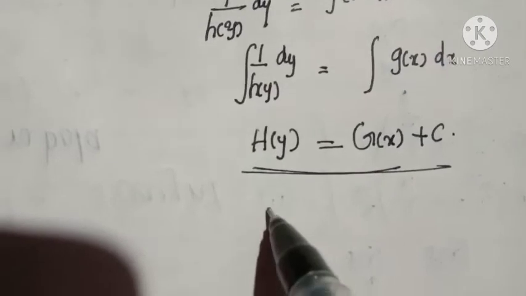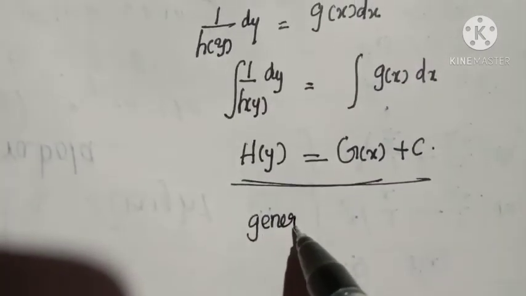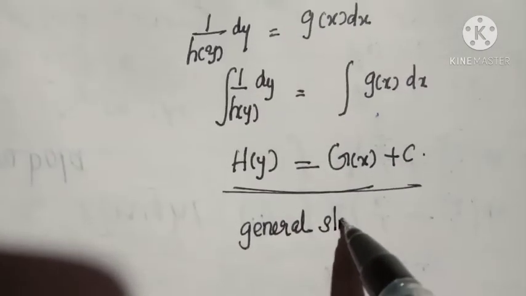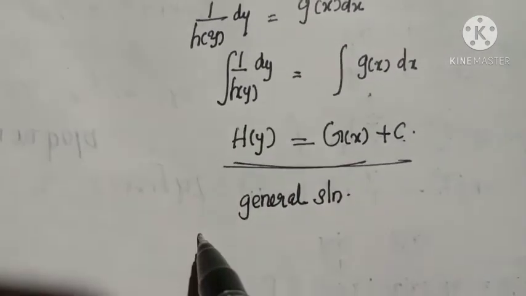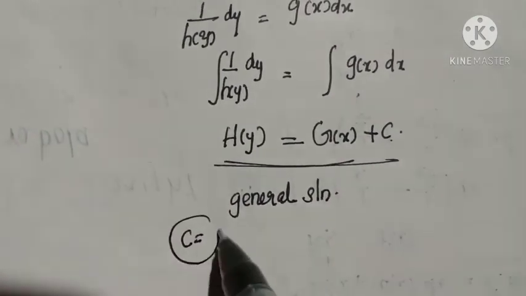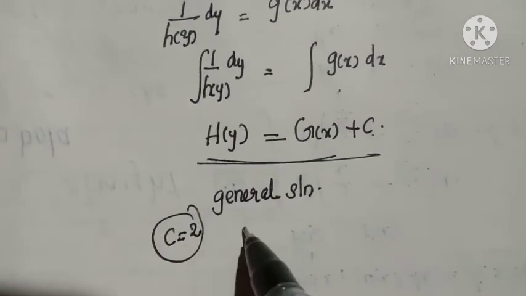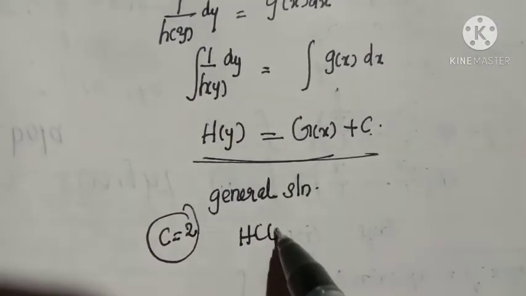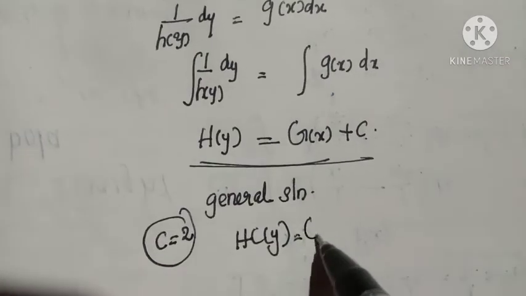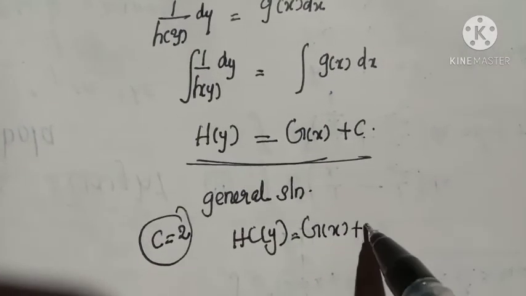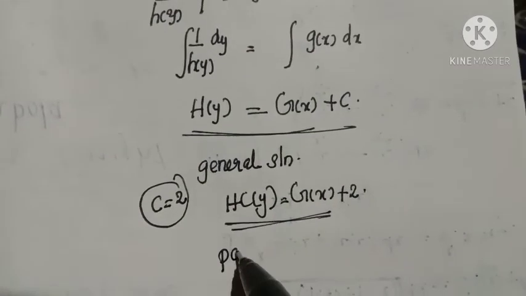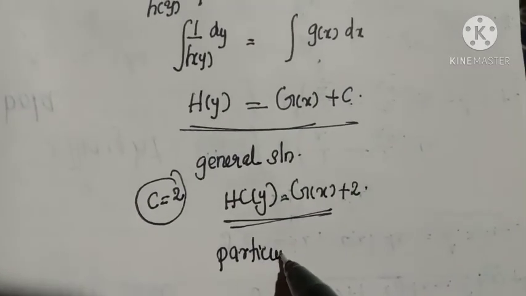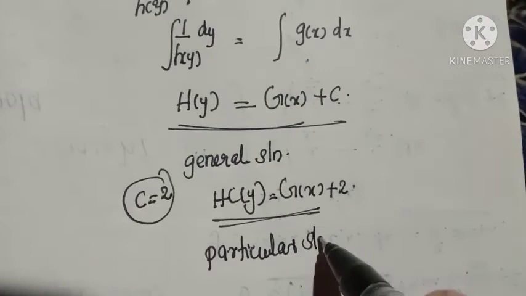This is called the general solution of the given differential equation. If we put c equal to any particular value, suppose 2, then the solution becomes H of y is equal to G of x plus 2. Then the solution is known as a particular solution. Okay, particular solution.